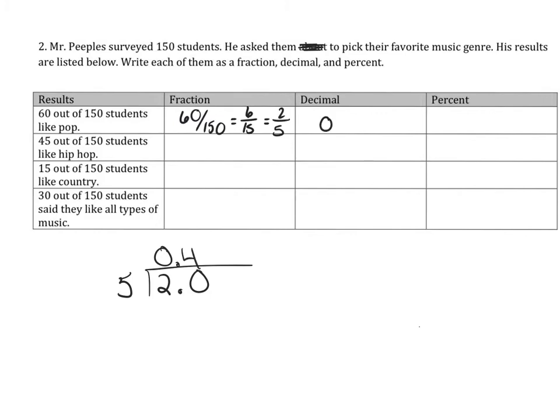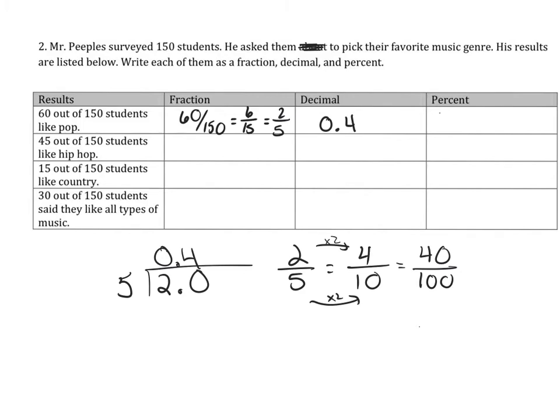So you have 4/10, or you could have solved it as 2/5 is equal to 4/10 by multiplying and getting 4/10. Okay, and if you think of it this way, 4/10, to make that out of 100, you would have to do 40 out of 100 to make it equivalent. So that would be 40%.